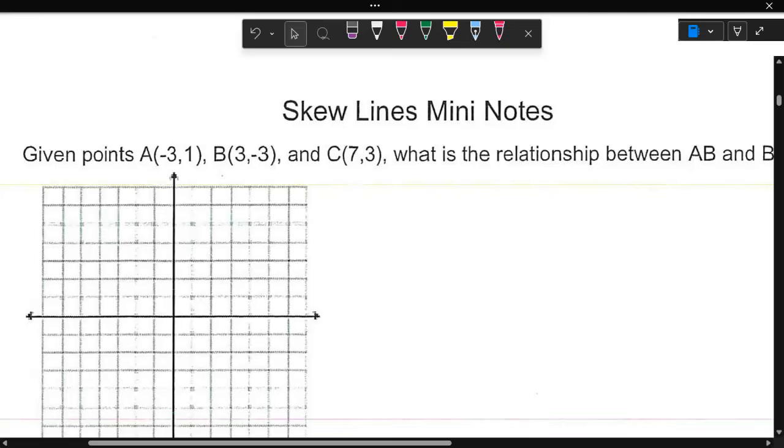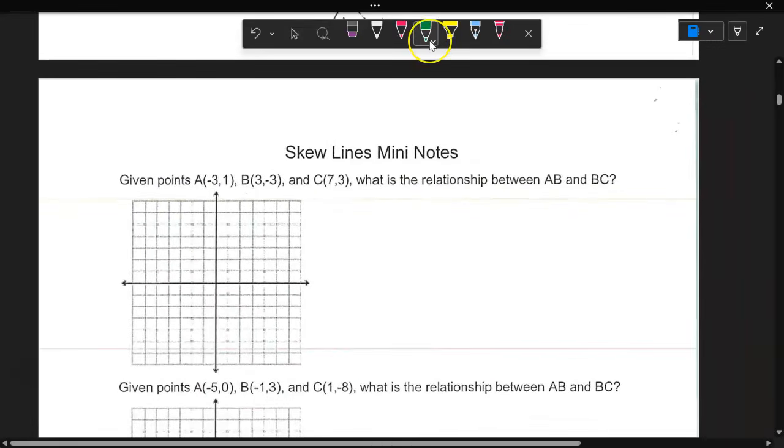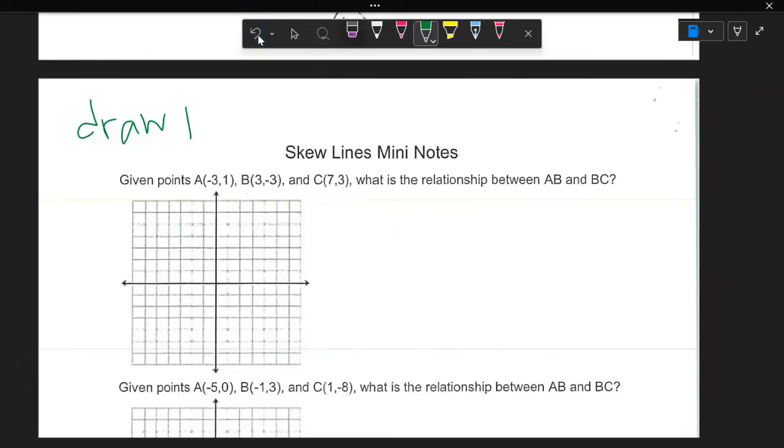It says Skew Lines Mini Notes. So here on this page, you're also going to do on your own. I want you to plot the points.